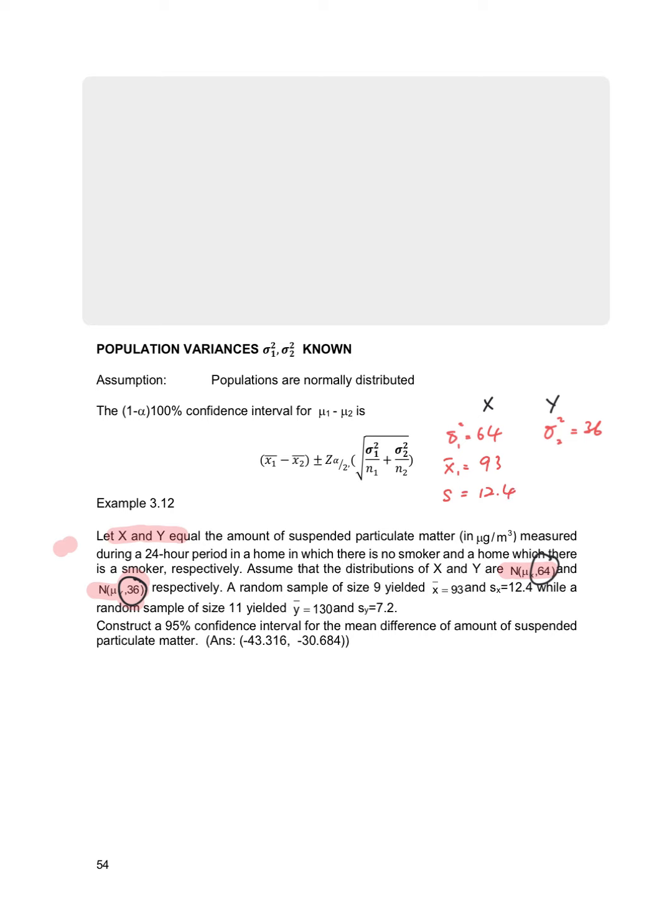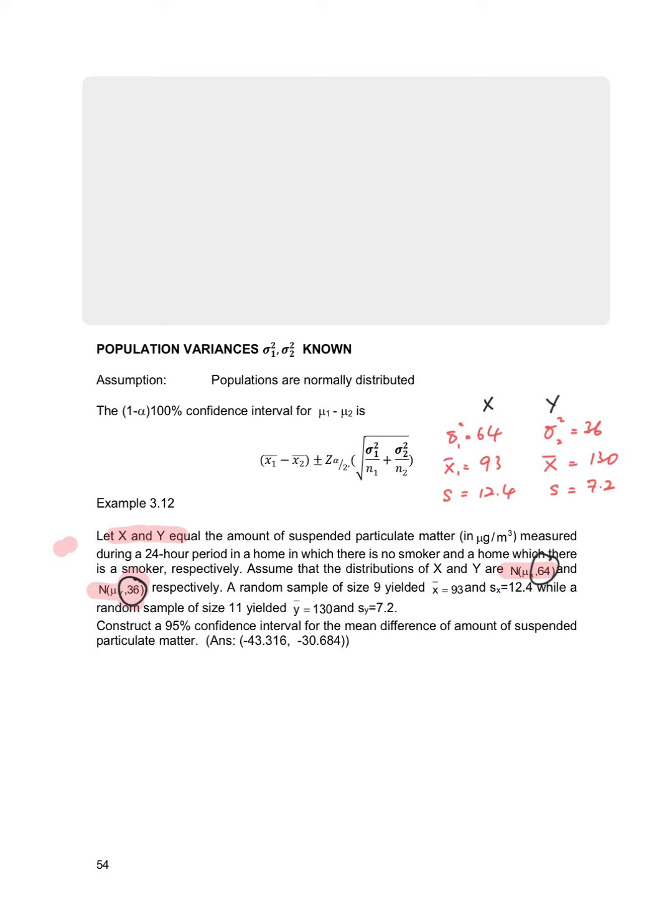Untuk population Y pula, we are taking a random sample of 11, and then kita measure dia punya mean. X bar dia kita dapat 130 and sample standard deviation equals 7.2.